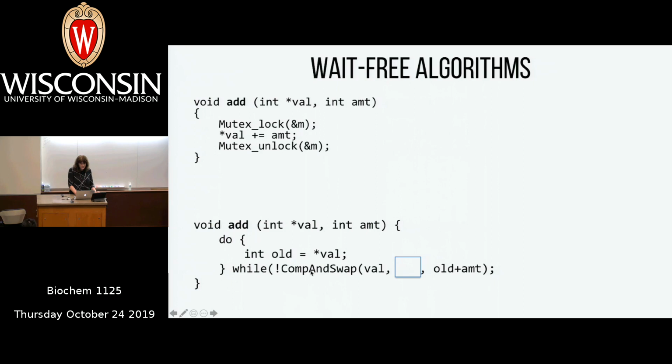Or we can use our compare and swap instruction and do an add, and we can run multiple adds concurrently, and we will be guaranteed to increment the value by amount atomically, even if it's storing things in registers. So how would we do that? What do we need to set into this field here that I've covered up? I'll give you a minute to talk about that, and I'll try to write something on the board to make that clearer.